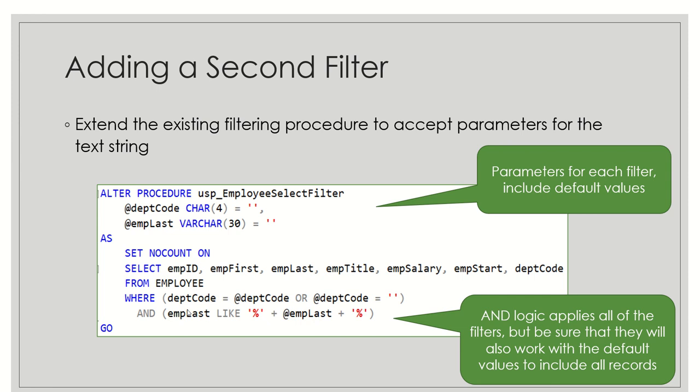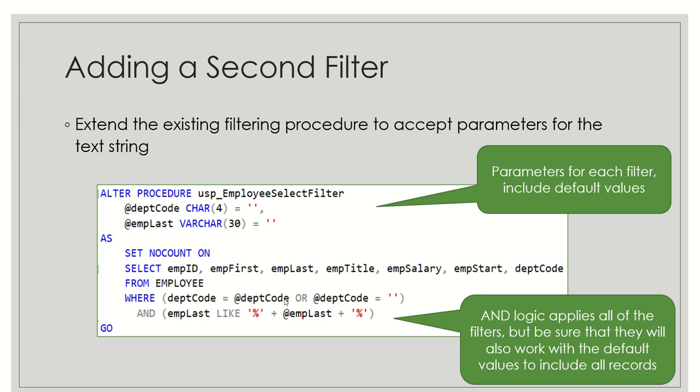And for the employee last name, you can see how I'm using AND logic to apply both filters. The employee last name is like the wildcard plus the value that we pass plus the wildcard. If the value that we pass is empty, then our like statement would just be 2 wildcards, and that would still match any last name.